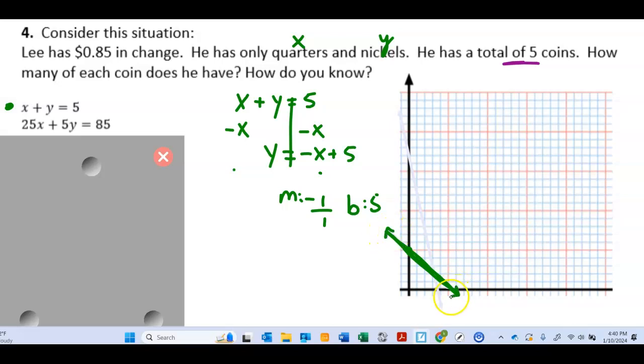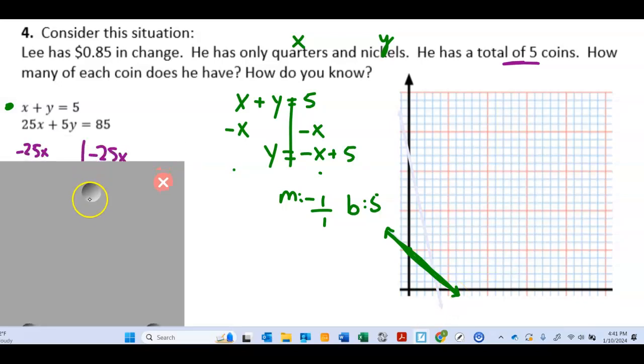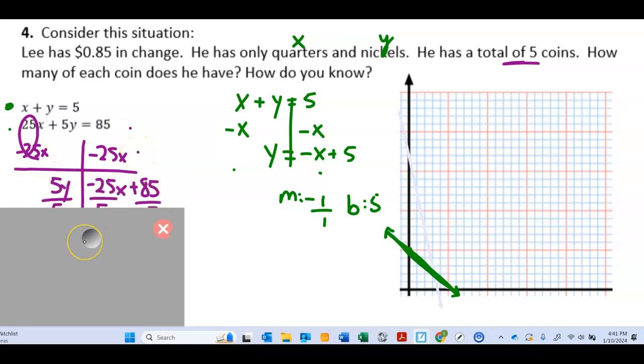All right, what about my second equation? Can I graph that as it is? No, I need to solve this one too. So, separate your equation. My x value needs to move to the other side. I'm going to do that by subtracting 25x, so I can cancel that out. I can't combine these, so I get 5y equals negative 25x plus 85.